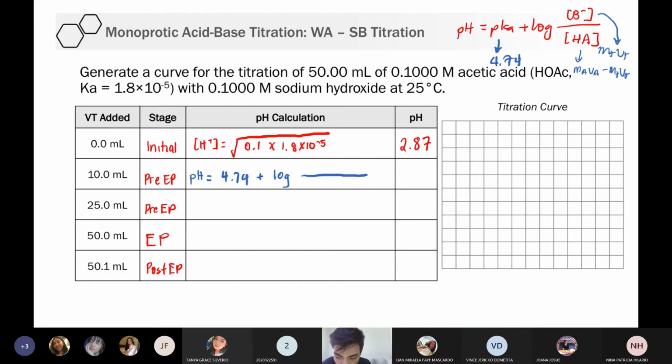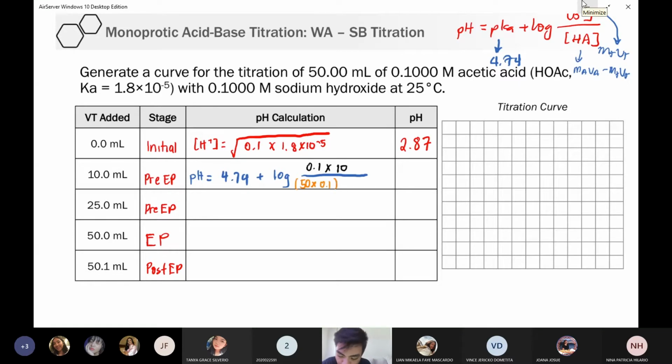Kasi ganun gagawin ko. 0.1 times 10. Pag analyte, oops, nag-block yung buong screen. Pag analyte siguro, orange na lang. So, MAVA, so 50 times 0.1.